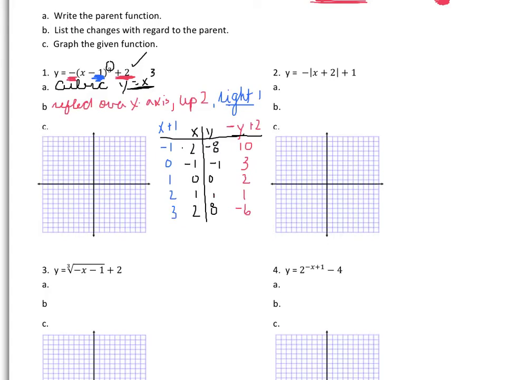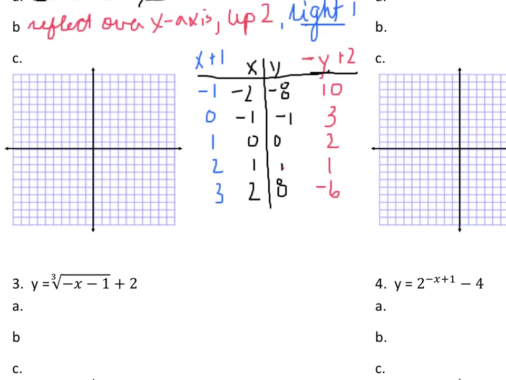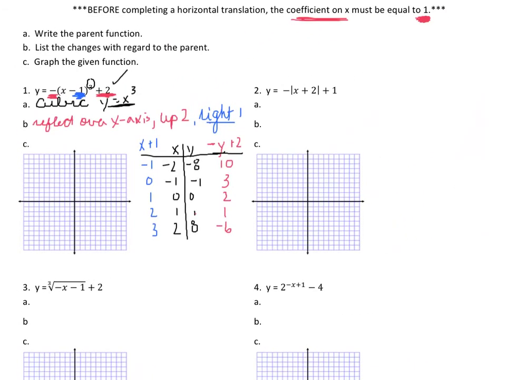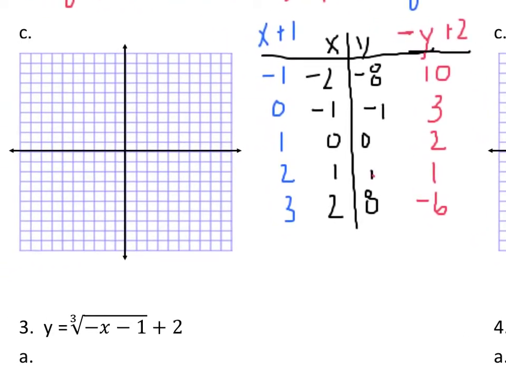So I'm going to try and graph that on my graph. Let's zoom in on this a little bit so I can see the graph better. Okay, let's go ahead and graph it. So -1, 10: 1, 2, 3, 4, 5, 6, 7, 8, 9, 10 is up here, at the very top.